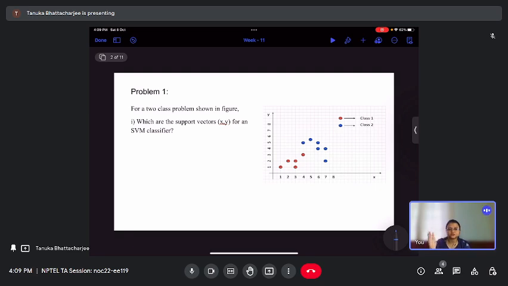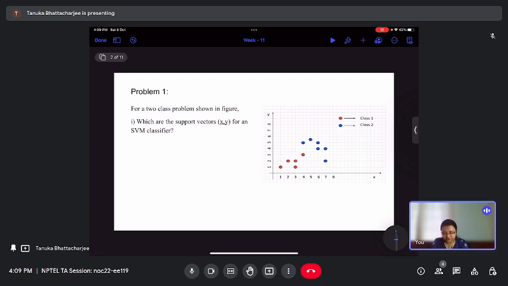So the only feature vectors which are at the boundary of the two classes will themselves determine where the decision surface should pass through. So this is a very popular classifier used for any machine learning problem. So let us try to solve some problems based on this SVM classifier or support vector machine.